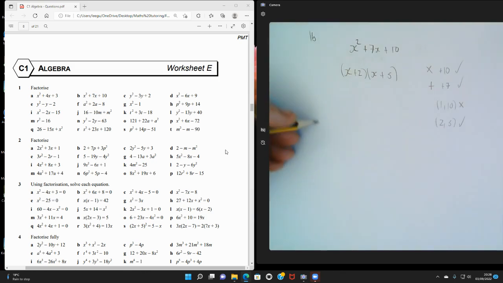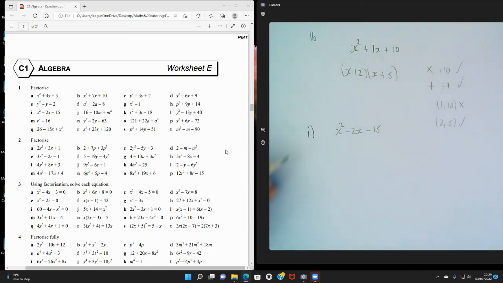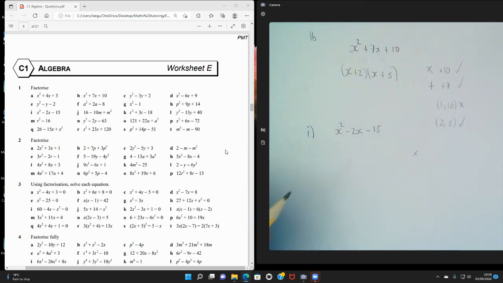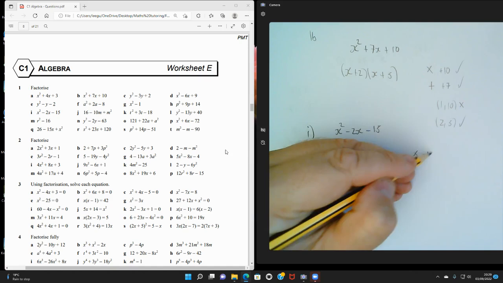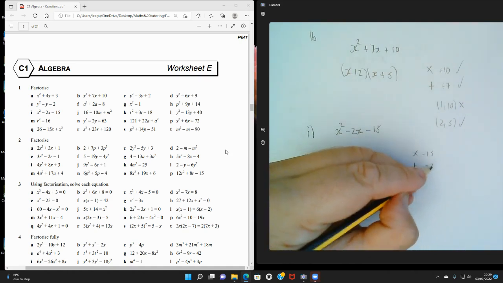Let's look at I. In I we have got x squared minus 2x, and we've got minus 15. So remember, our question is two numbers that multiply together to make minus 15, but those same two numbers have got to add together to make minus 2.